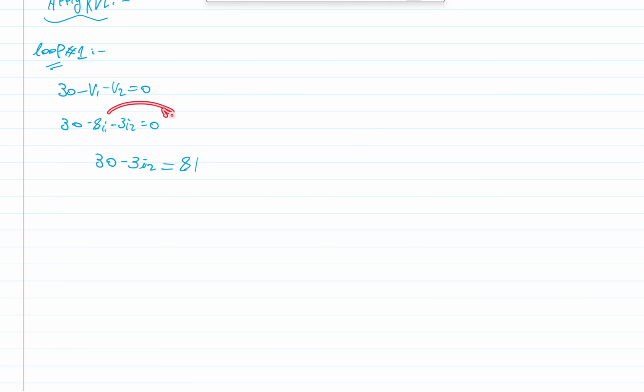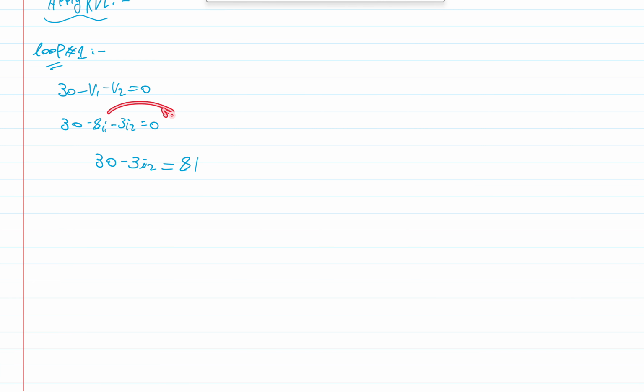So then we get the value of I1, 30 minus 3I2 over 8. All right. So we found the value of I1. Now we're trying to find the value of I3. Just solve for I2, and then we'll get the others. I promise it's going to make more sense as we continue.